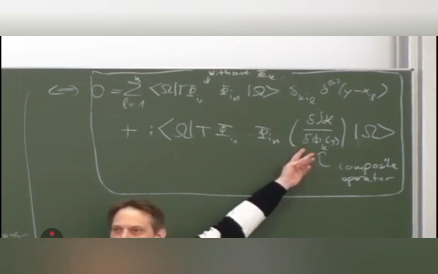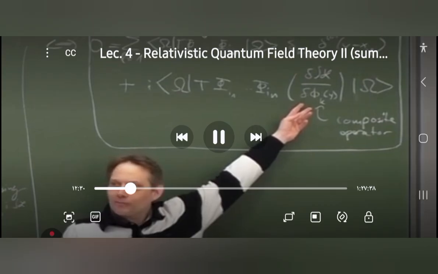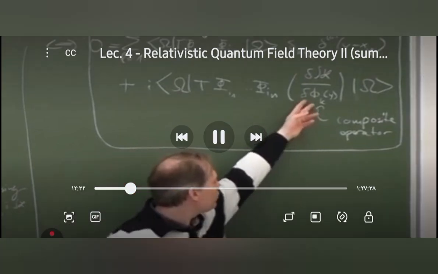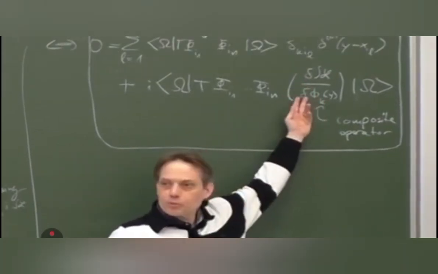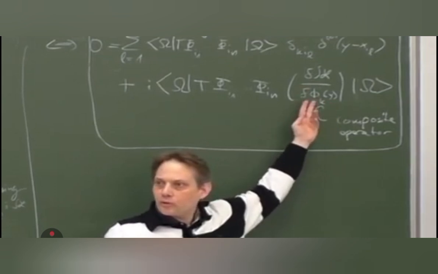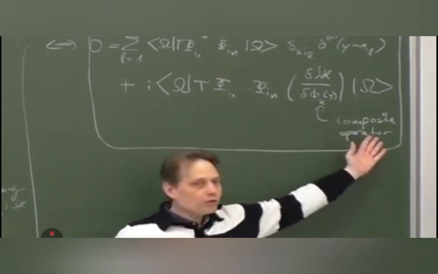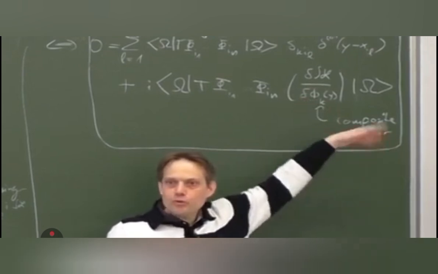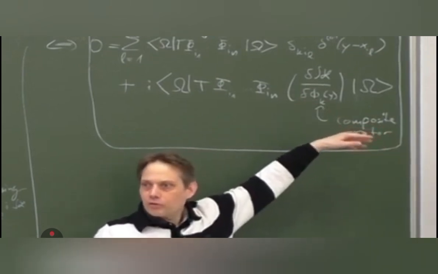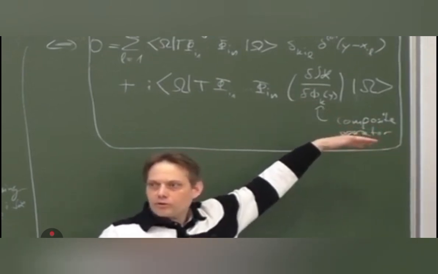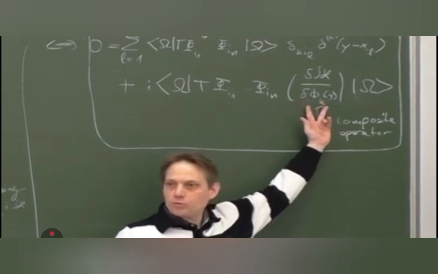It gives you the Euler-Lagrange equation of motion, which would be zero according to the classical equations of motion. So what we have here is a composite operator which, if you look at the classical theory, satisfies an equation of motion. So this object would be zero in the classical theory if the equation of motion is satisfied.